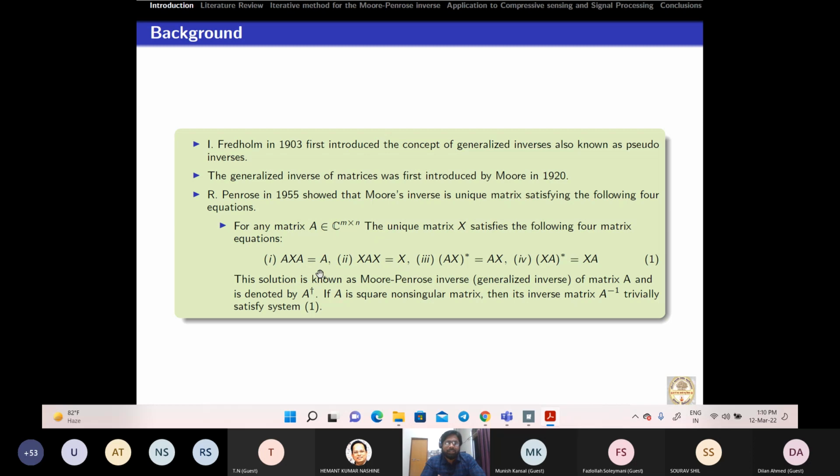So this talk is mainly focused on Moore-Penrose generalized inverses and their computations, and I will also discuss some research papers.